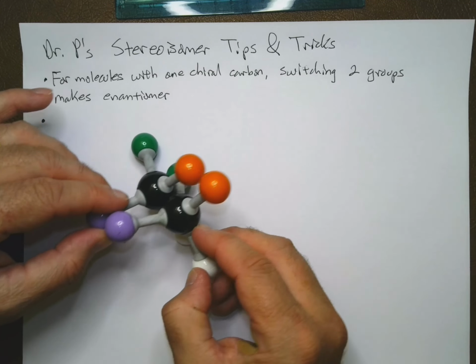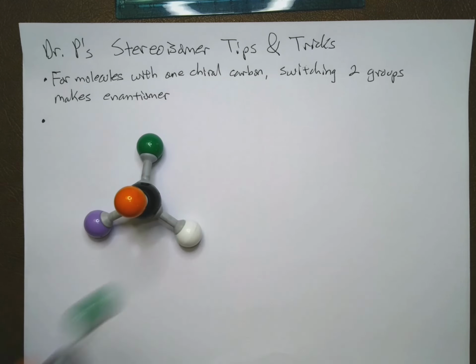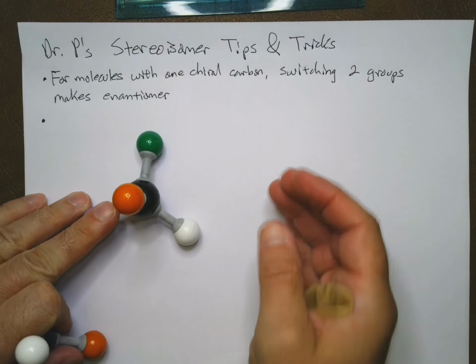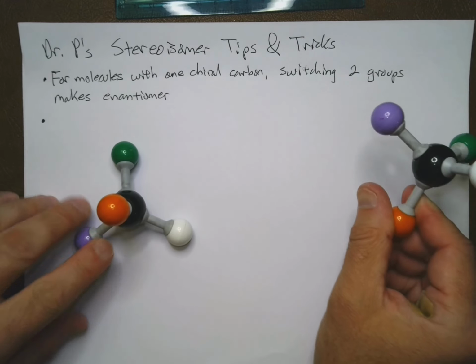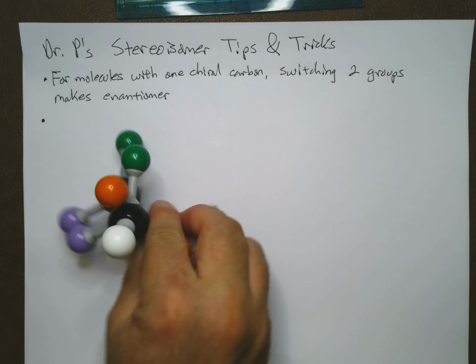Everything lines up. So they are the same thing. And all I did was switch two groups. If I switch two groups again, I'd go back to the original molecule. So if I started with this and switch two groups, I'd make the enantiomer. If I start with the enantiomer and switch two groups, I'd make the original molecule.